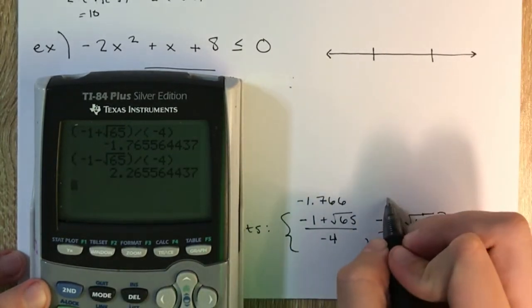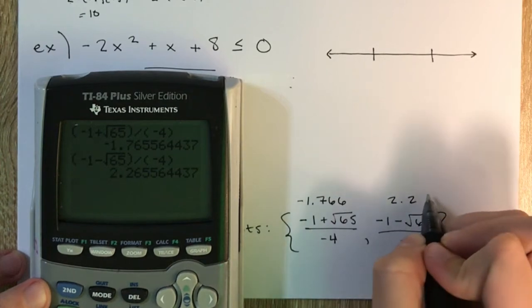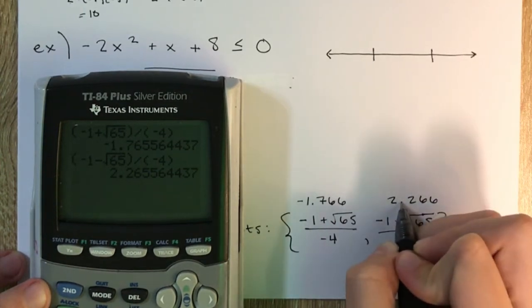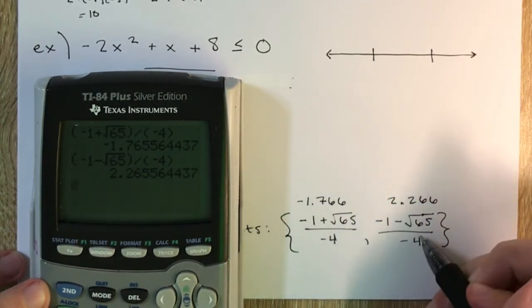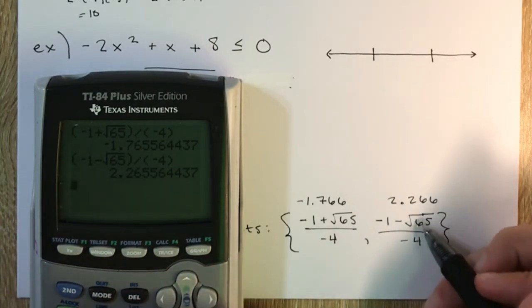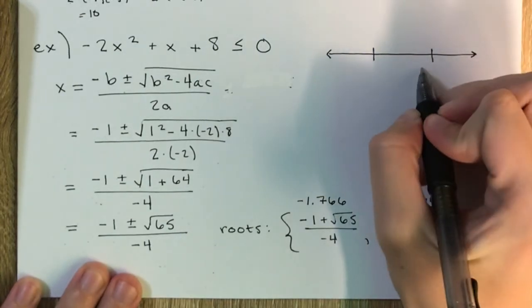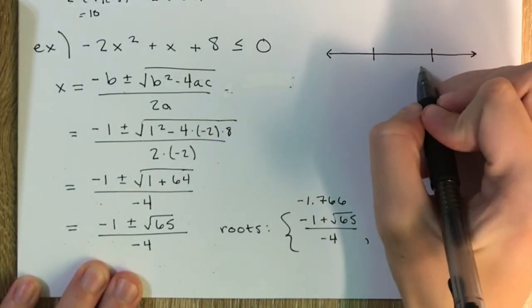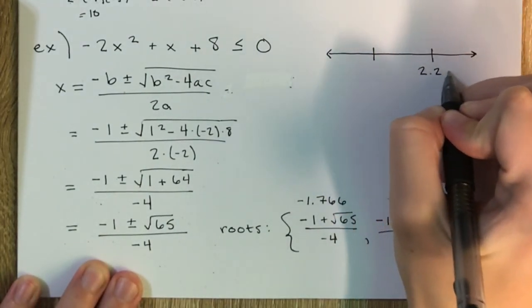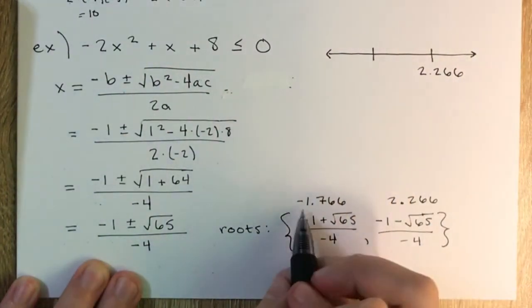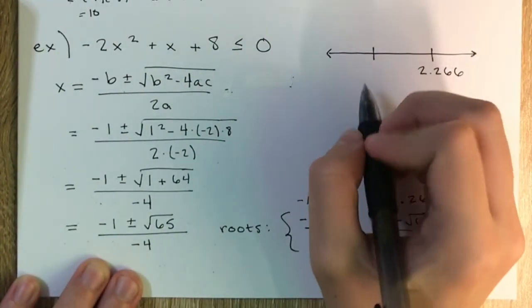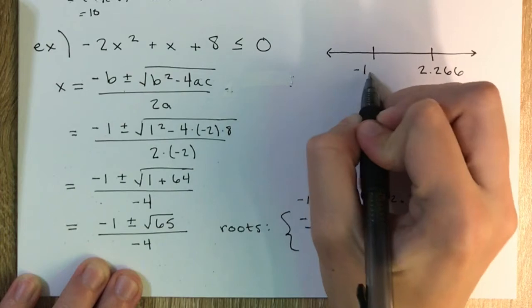Minus gives me 2.266. So actually the one with subtraction was larger. So this one needs to go over here. In order to avoid writing all of it out, I'm just going to use the decimal form: 2.266 and negative 1.766.